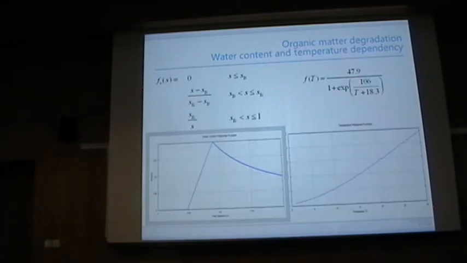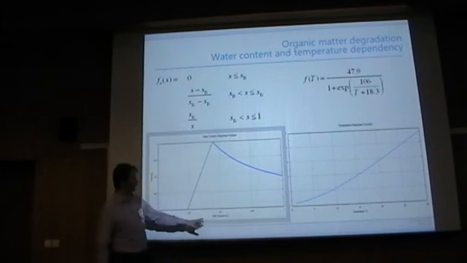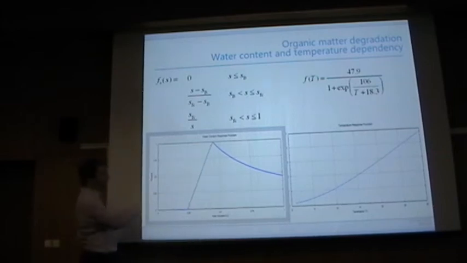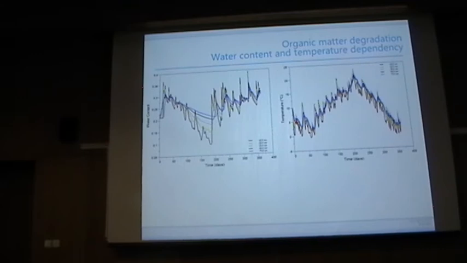So these are the resulting curves. For the water content, you have an optimal value at a given saturation degree, and then it decreases on both sides. And with the temperature, you have an increase of the rate. It's only an illustrative example, so we didn't have any data here. But we did a simulation for 1 year.